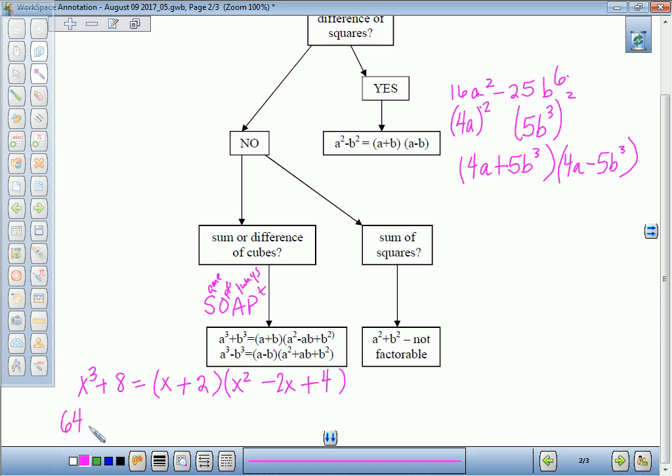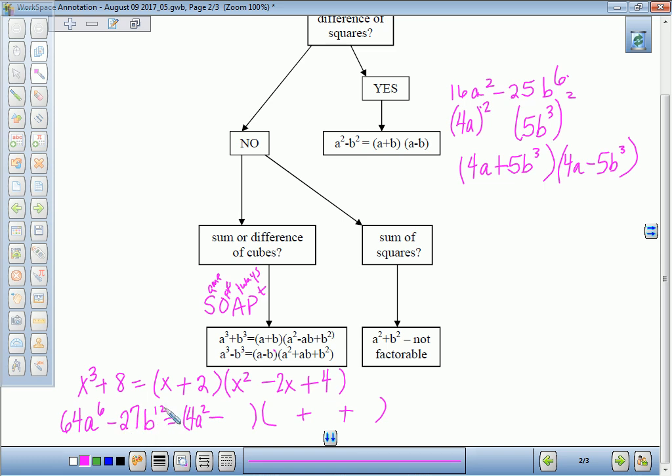Let's say we have 64a to the 6th minus 27b to the 12th. Okay, so both of these are perfect cubes, and this is subtraction. Our signs would be same, opposite, always positive. The cube root of 64a to the 6th would give us 4a squared.